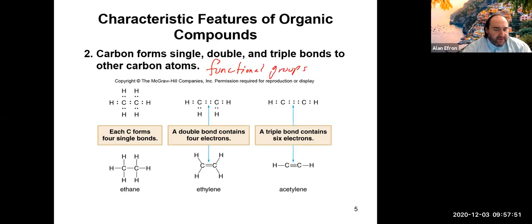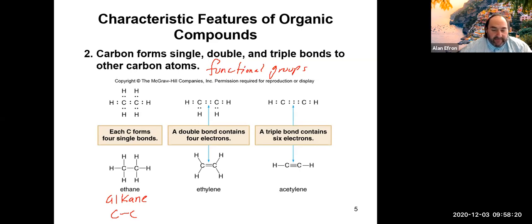So functional groups in organic chemistry are really the part of the organic molecule which describes what it is. For example, here, this ethane is an alkane, and that's a group of organic molecules that have a functional group of carbon carbon single bonds. So, in an alkane, all the carbon carbon bonds are single bonds.